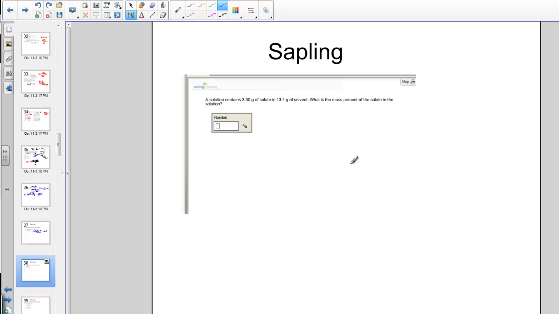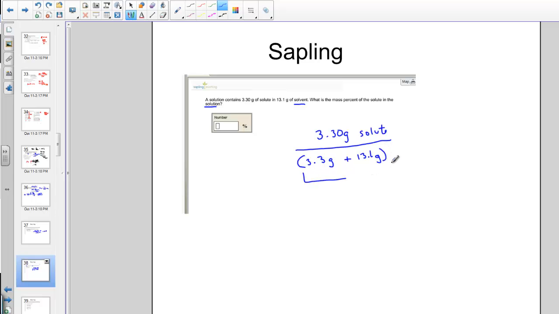How are you doing there? We have 3.3 grams of solute and 13.1 grams of just the solvent. What is the mass percent of the solute in the solution? This is like an earlier example where we consider the grams of the solute over the entire solution, which contains both components. The solution has two components. It has the 3.3 grams of solute plus the 13.1 grams of solvent.